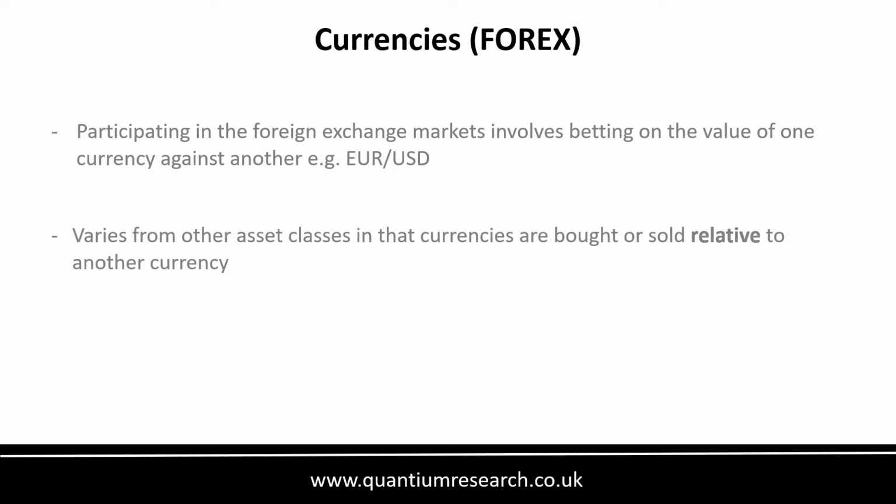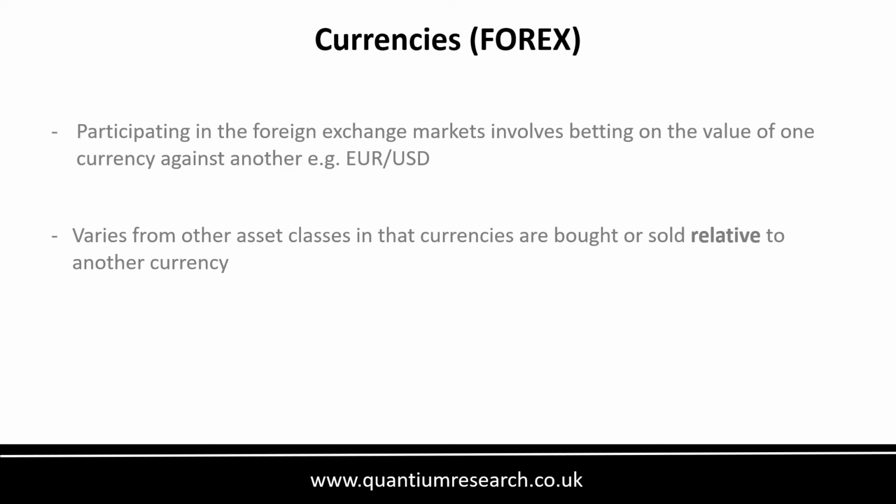Okay, so currencies can vary from other asset classes in that currencies are bought or sold relative to another currency. You can see here with the euro against the US dollar, they are bought or sold relative to one another. The euro is bought relative to the dollar in this case.